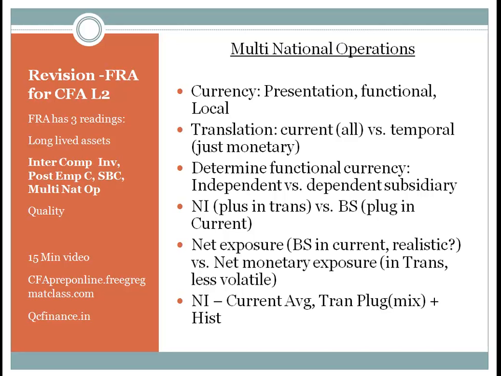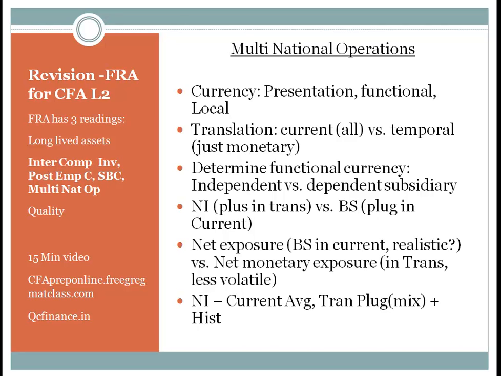Now when we look at the way we perform these things, for net income, we use a plug in the translation method, whereas we use a plug in the all-current method.